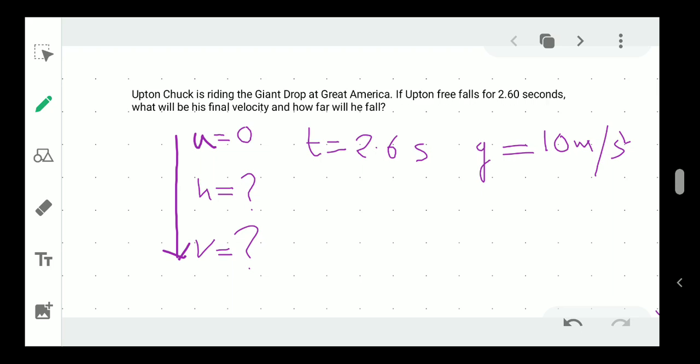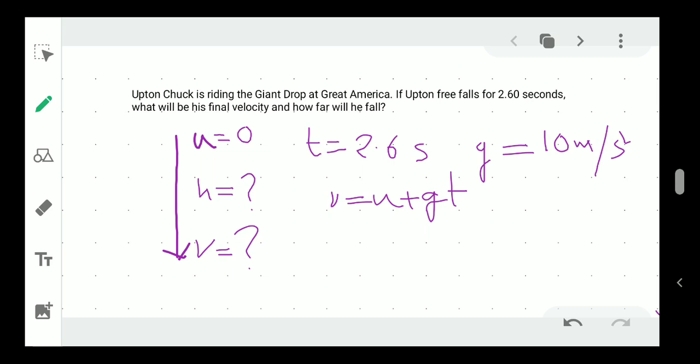Yes, so basically we have to find these out one by one slowly, but we have to remember the formulas we know. With g there, that means the acceleration is there, so we know the formula v equal to u plus gt. Why is it acceleration?